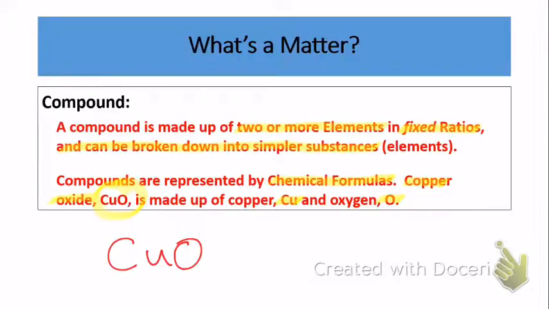Now, copper oxide is found in a 1-to-1 ratio. What does that mean, that fixed ratio? Well, it means that there is one copper for every one oxygen when it chemically reacts. So in other words, it takes one copper atom and one oxygen atom when they combine to form that compound.